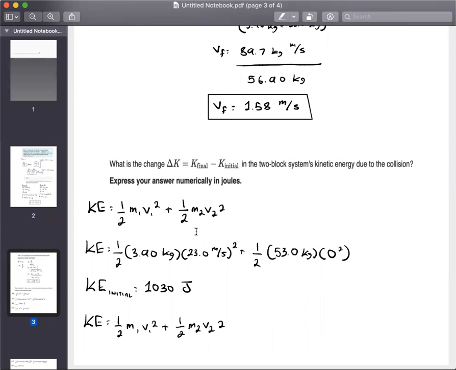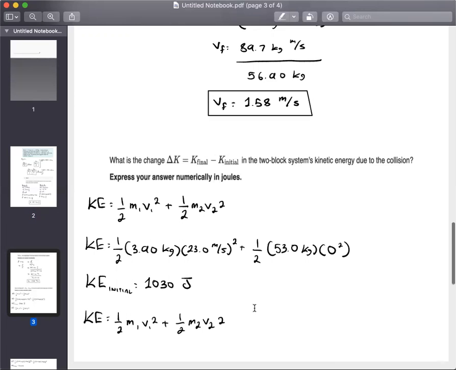The initial velocity for block 1 is 23 meters per second, and again, the initial velocity for block 2 is 0 meters per second since it's at rest. So I get that the initial kinetic energy is 1,030 joules.